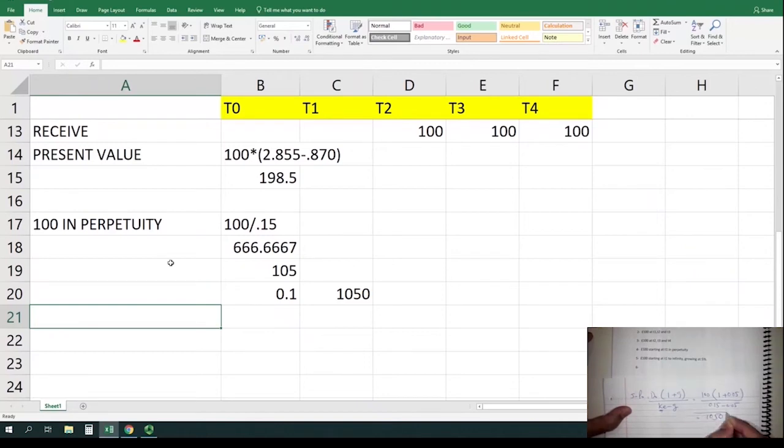So £100 received forever, growing by 5% every year. The present value of that is 1,050.